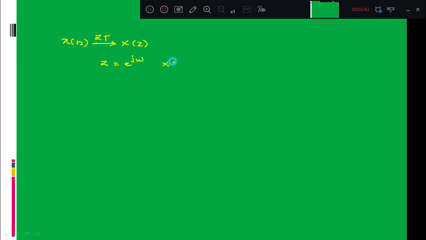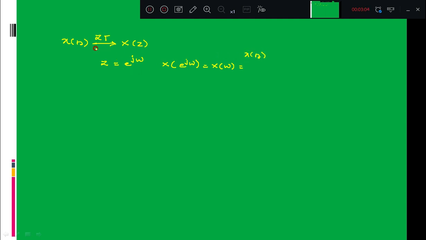You will get X of e raised to j omega, and this can be written simply as X of omega, which is known as the Fourier transform of the signal x of n.